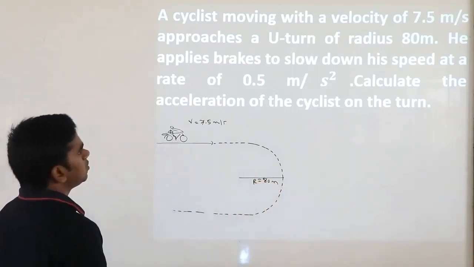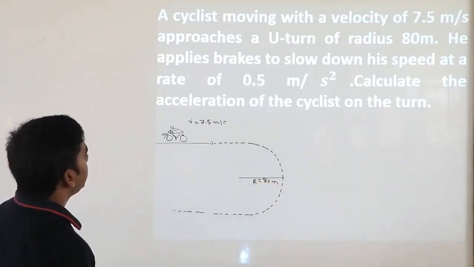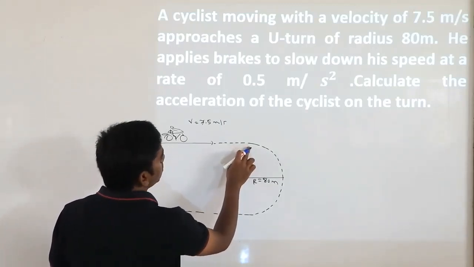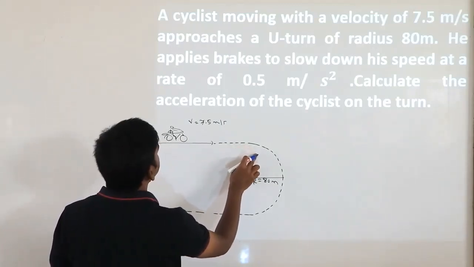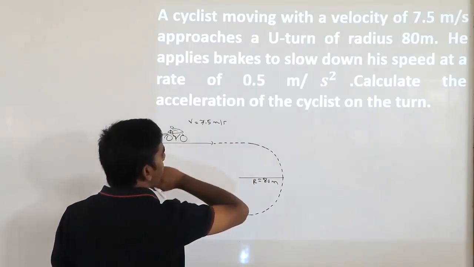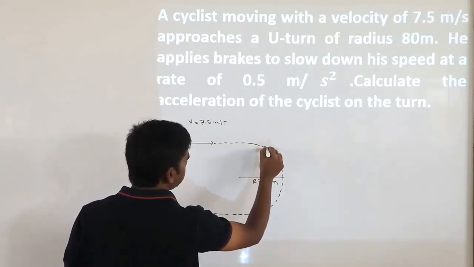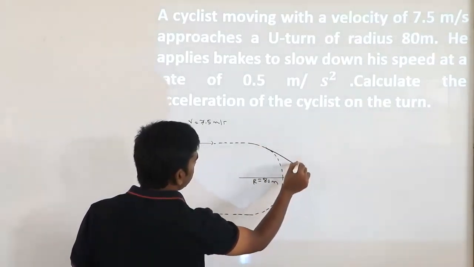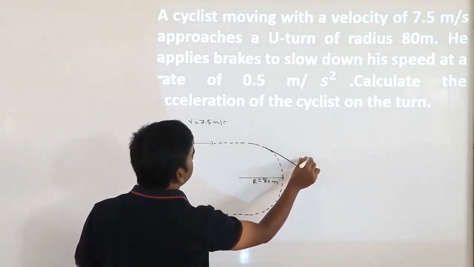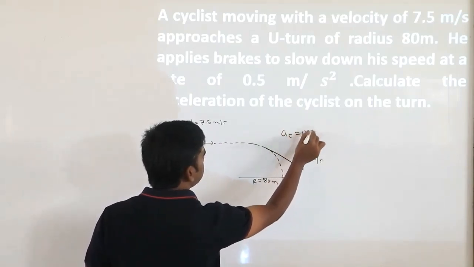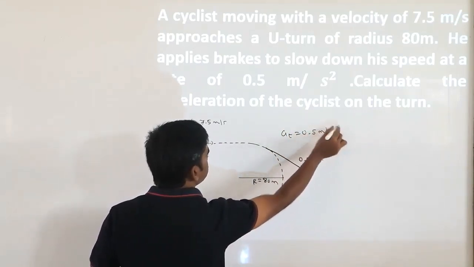What they are asking: when he comes over here, he will apply the brake to slow down his speed at a rate of 0.5 meter per second. So when he comes here, his acceleration will become 0.5. This is tangential acceleration. Tangential acceleration is 0.5 meter per second square.